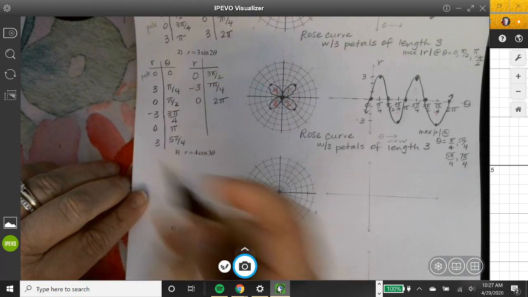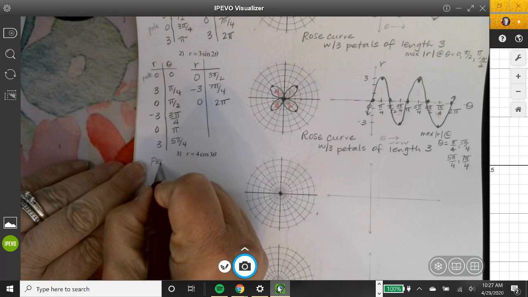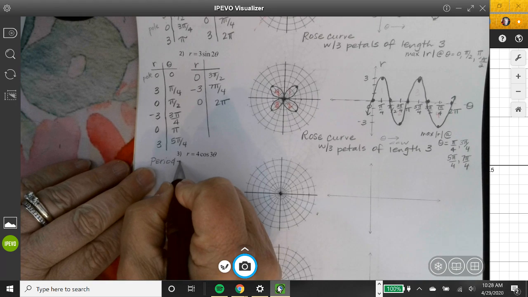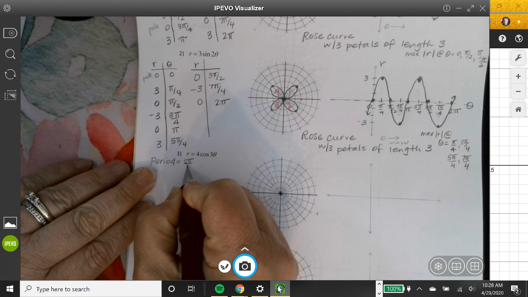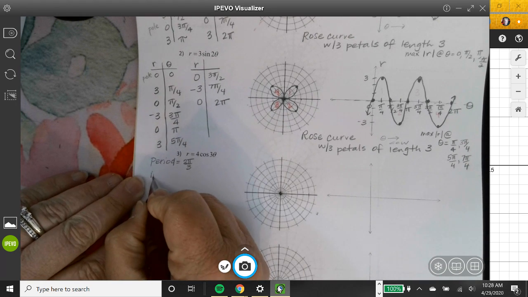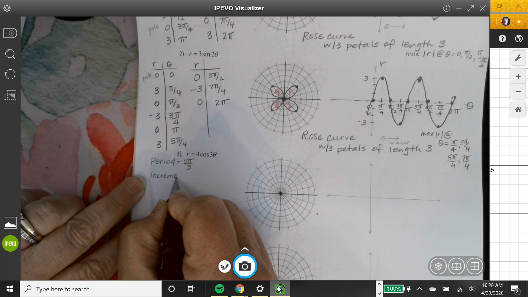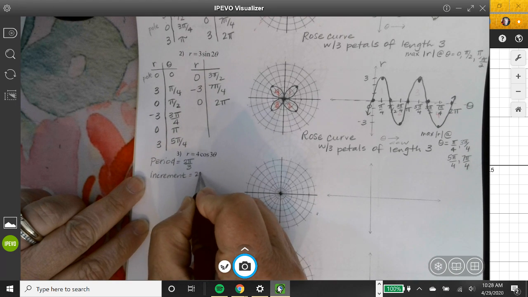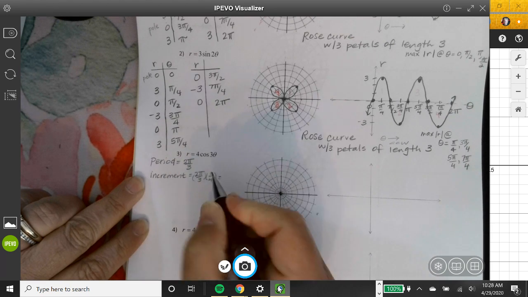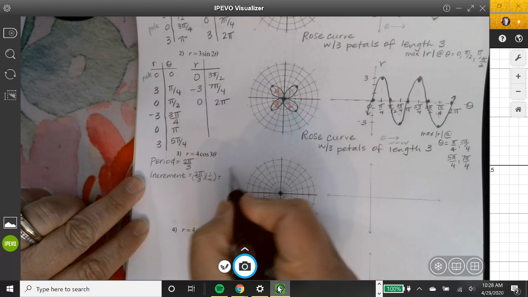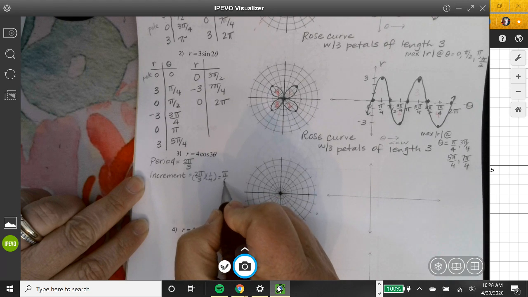So I have to change my period here. So the period is equal to 2 pi over B, which is 2 pi over 3 in this case. The increment is going to be 2 pi over 3 times 1/4, which, if you multiply that out, you get 2 pi over 12, which is pi over 6.